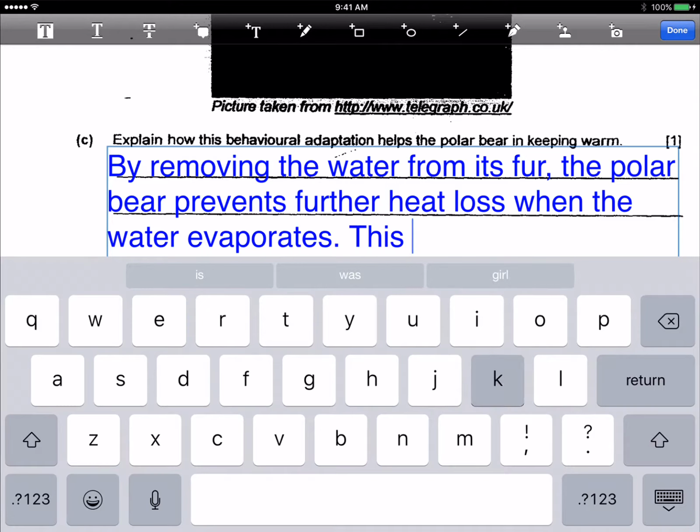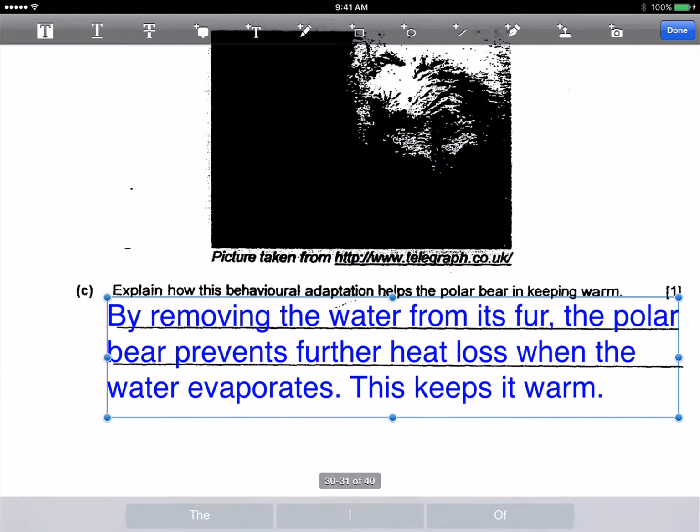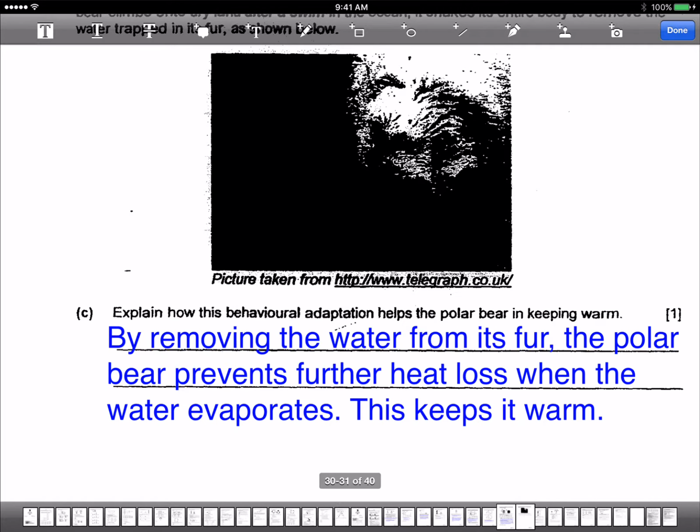This keeps it warm. So you prevent further heat loss when the water evaporates. Right, so this particular question is just testing you on the concept of evaporation. Evaporation causes more heat loss. Okay, so we take a short break, 5 minutes, and then we will continue.